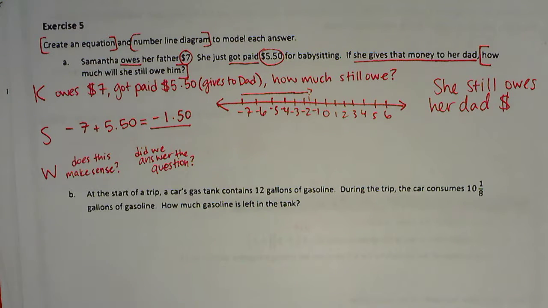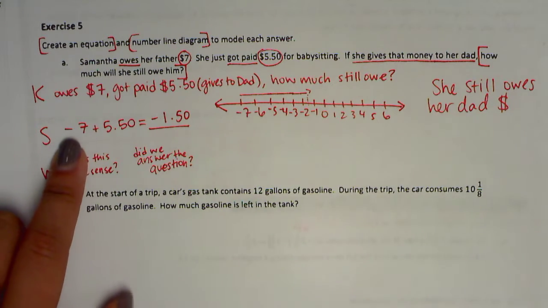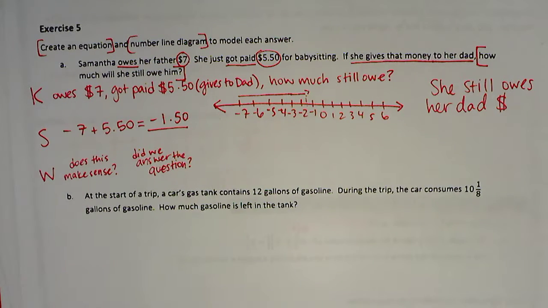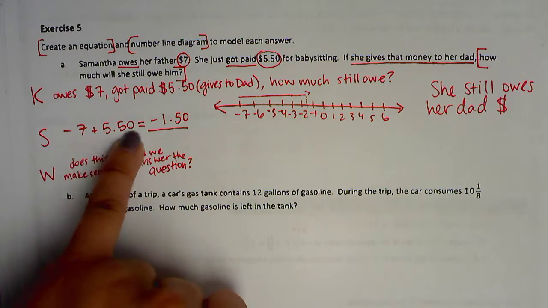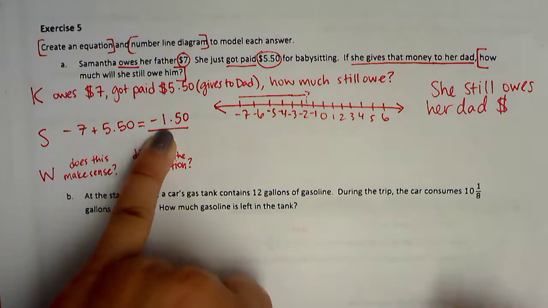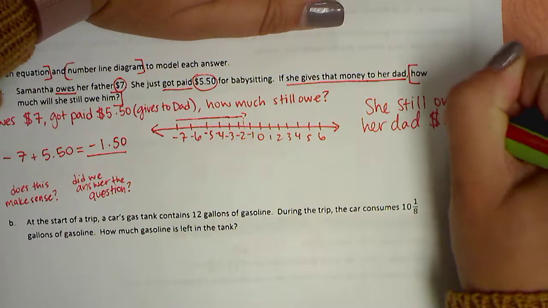She owes her dad $1.50, so the money that she has is negative money because she's actually missing money that should go to her dad. That's why we made the negative 7 over here, because she owes $7. So she has negative 7. She got $5.50, so now she has negative 1.5, which means she owes her dad $1.50.